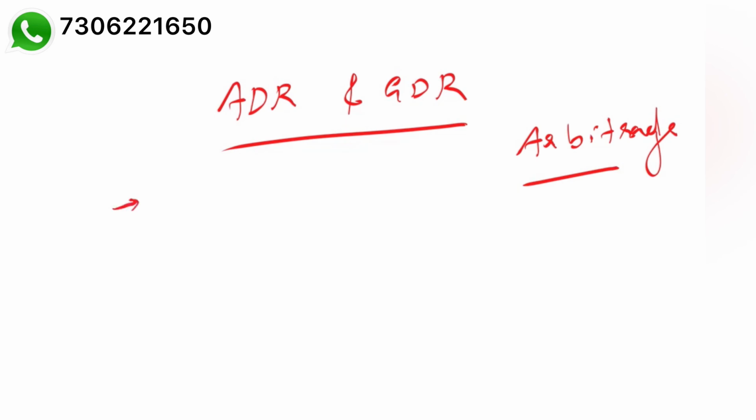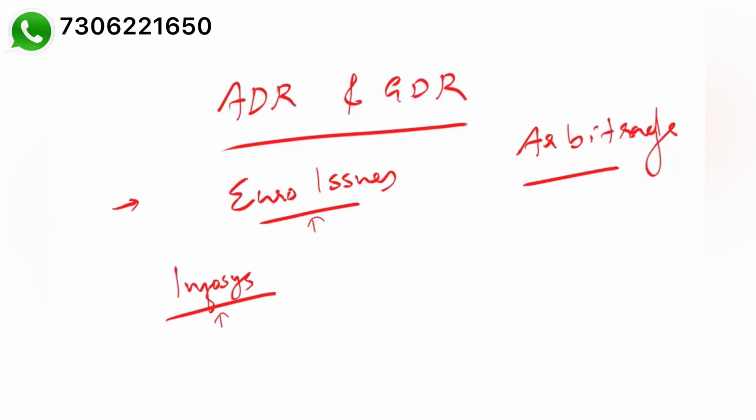See, these are nothing but issues of securities in a foreign country. They come under the general term called Euro issues. Euro issues means issue of securities by a company in a foreign country. For example, Infosys wants to issue its shares in a foreign country to mobilize more funds.